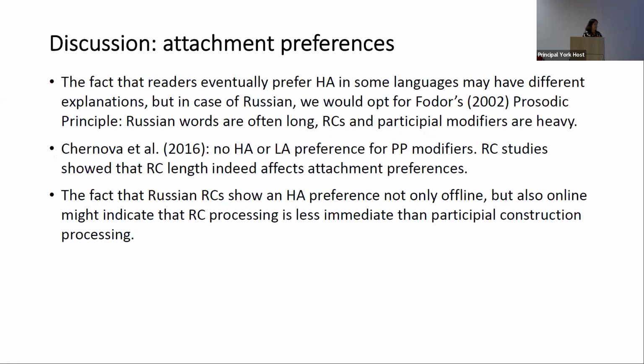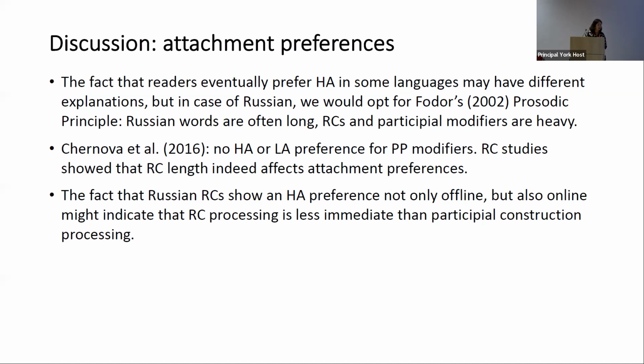The fact that readers eventually prefer high attachment in some languages may have different explanations, and at AmLab there were a lot of talks and a lot of papers considering different explanations. I can give an example of the paper by João Costa and Nina Grillo in Cognition 2014, and so on and so forth.